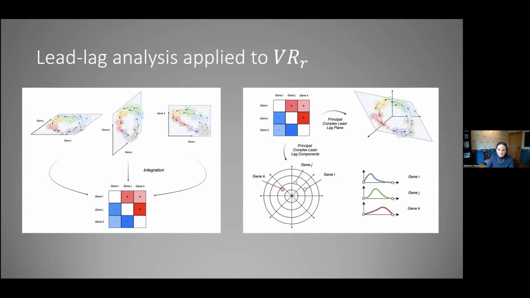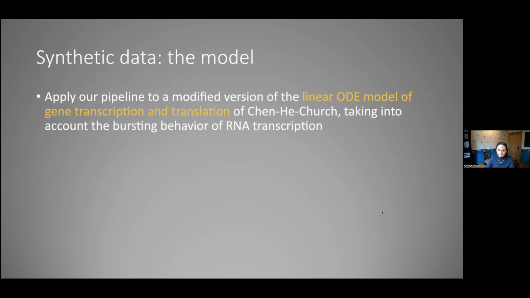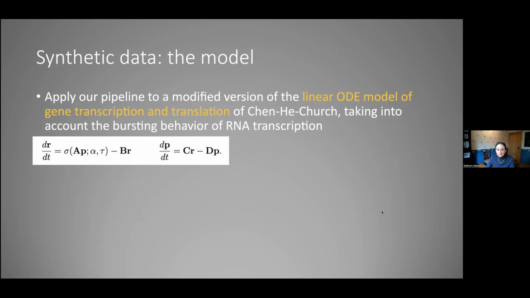All right, so that's the theory. Let's see whether it really works. Let's do some validation. So we look to apply this first with synthetic data. We're using a linear ODE model of gene expression, transcription, and translation, taking into account the fact that RNA transcription apparently has some bursty behavior.